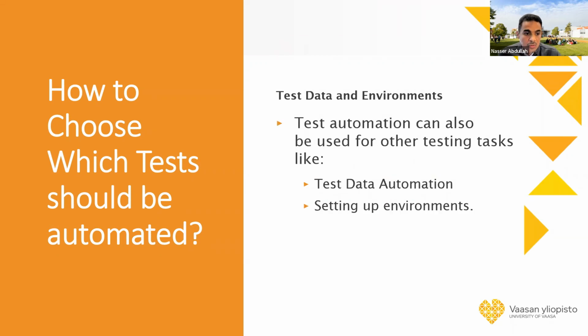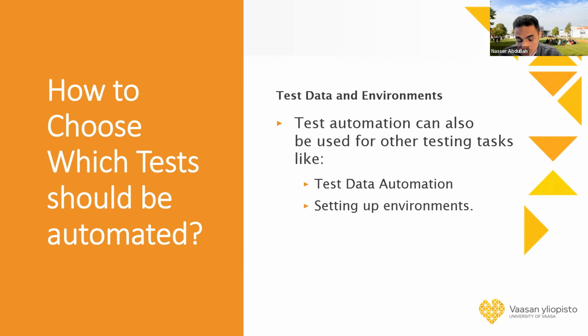Sometimes test automation focuses not only on executing the test cases, but also on test data and environments. Before you go for test execution, some automation can also be done, for example, test data generation, or the input of the test. Test data automation generates accurate data, so you can use an application to generate some data.